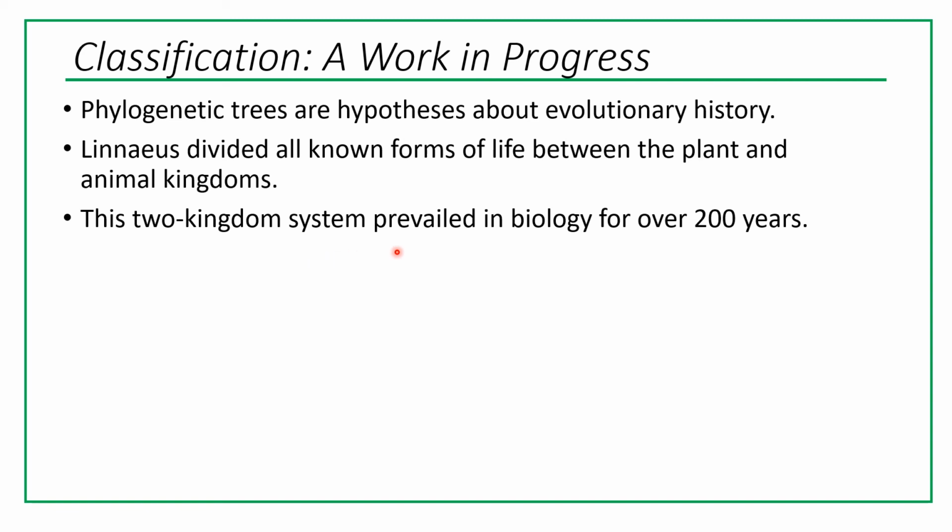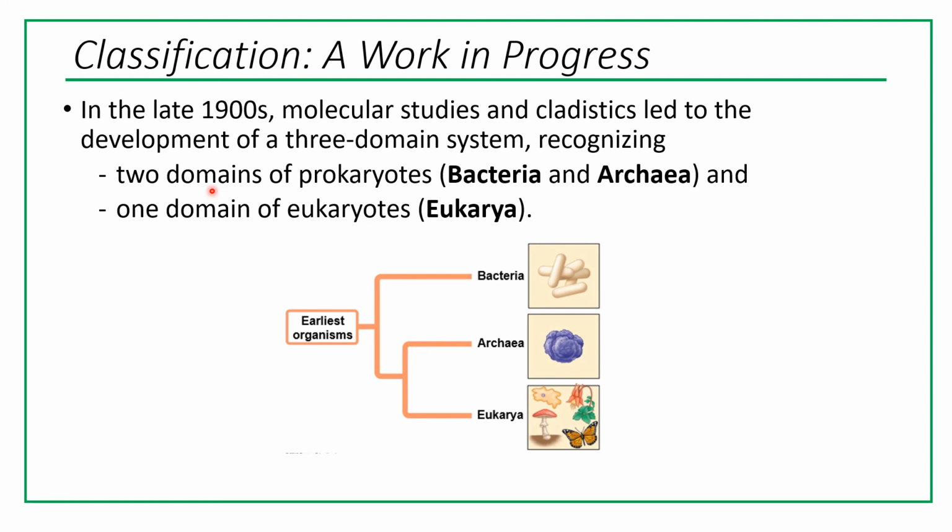And this system prevailed in biology for over 200 years. In the late 1900s, molecular studies and cladistics led to the development of a three-domain system, recognizing two domains of prokaryotes, bacteria and archaea, and one domain of eukarya.